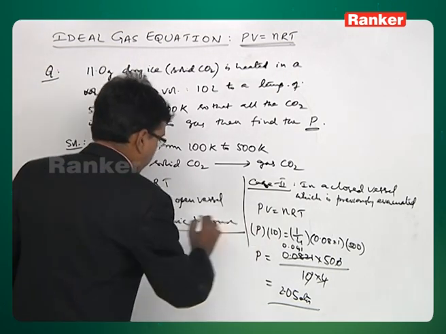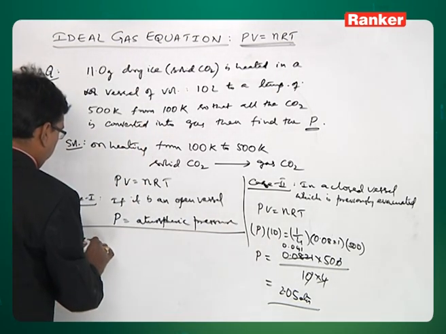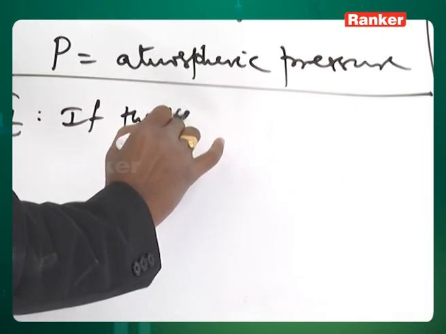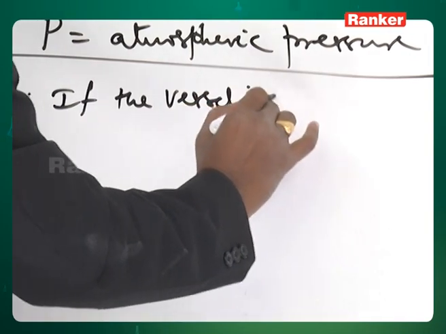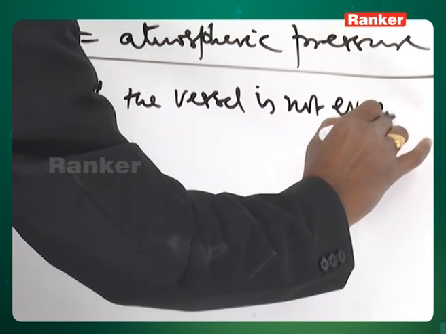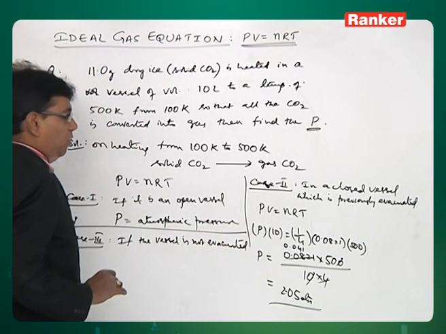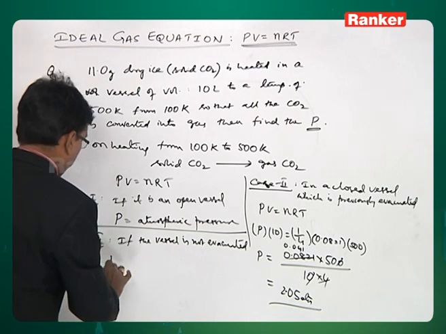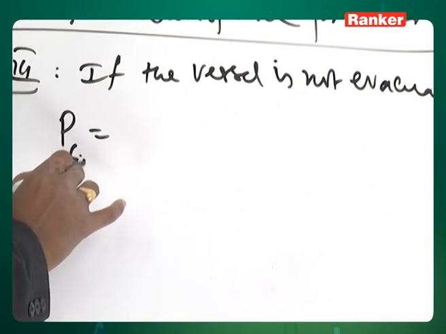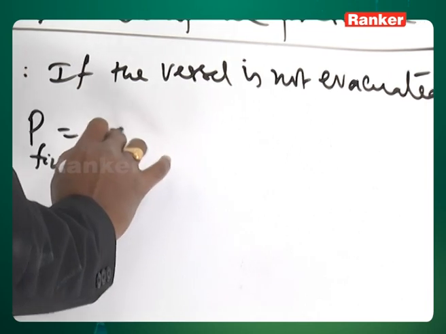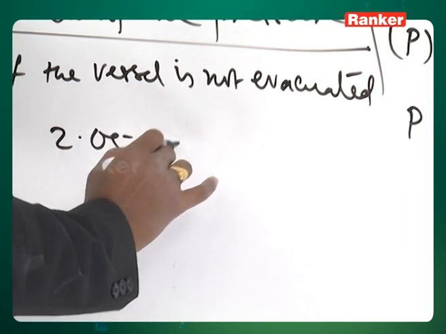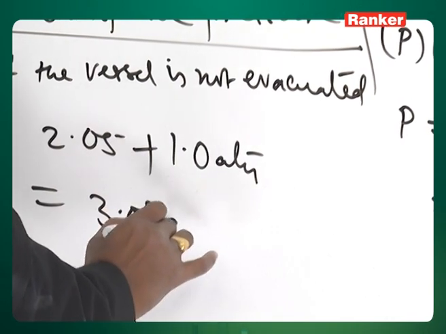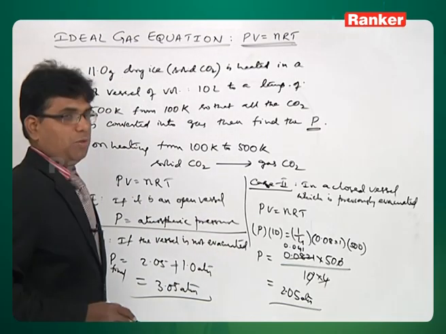The next problem comes as case 3. If the vessel is not evacuated, then the final pressure is equal to 2.05 plus 1 atmosphere, that is 3.05 atmosphere. Why am I adding this 1 atmosphere?